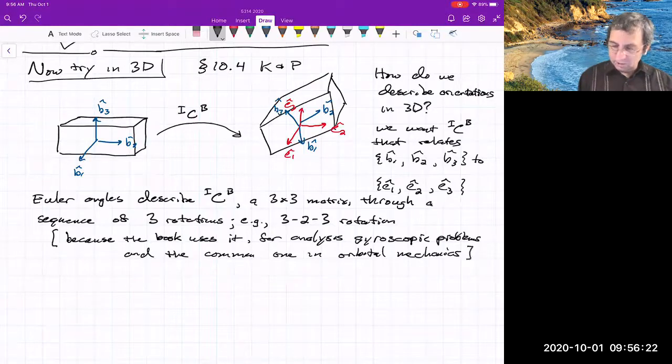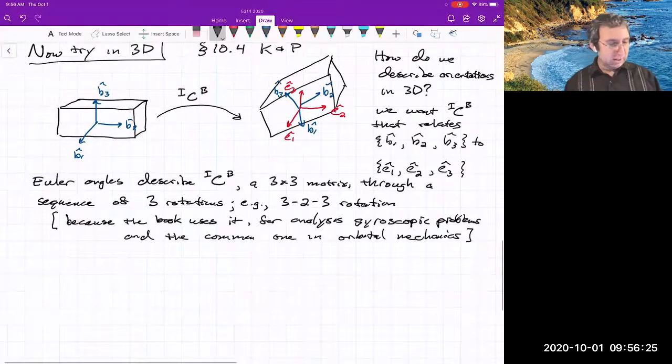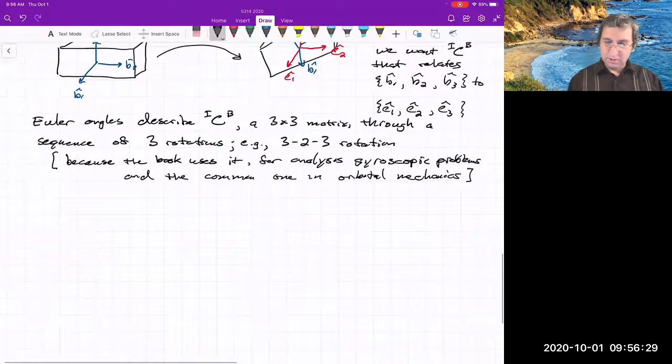Yeah, it gets used in orbital mechanics. So this is significant, and let's describe what it is.